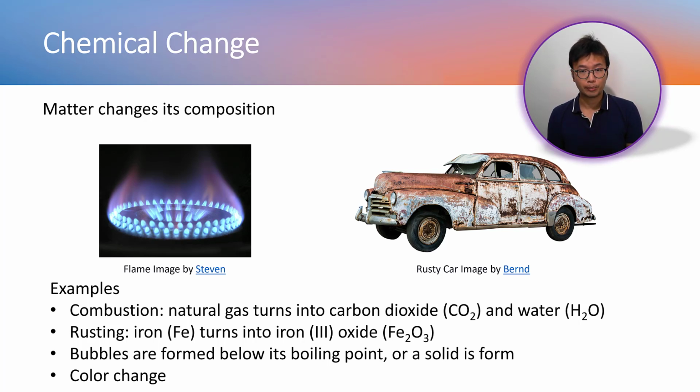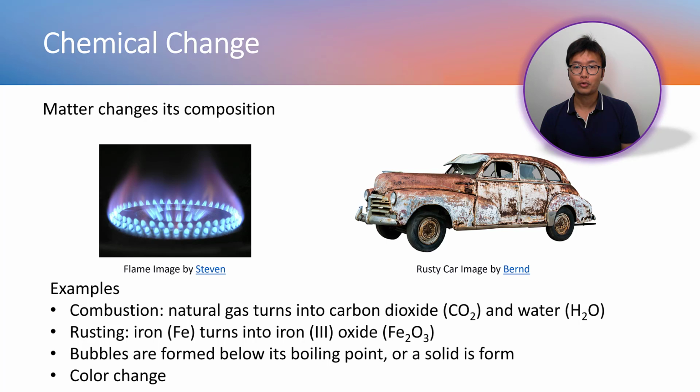If you have a piece of metal, over time it will turn into rust, and that is a chemical change because originally iron as an element is just Fe, but once the iron is getting oxidized, meaning the rusting process begins, the compound you're forming, the rust, has the chemical symbol Fe2O3.